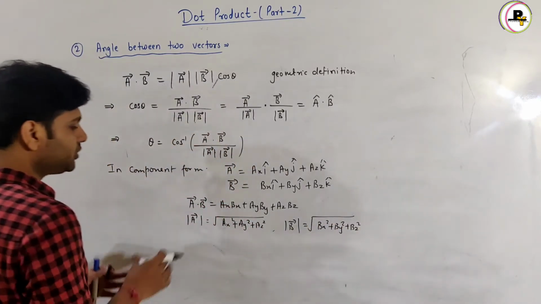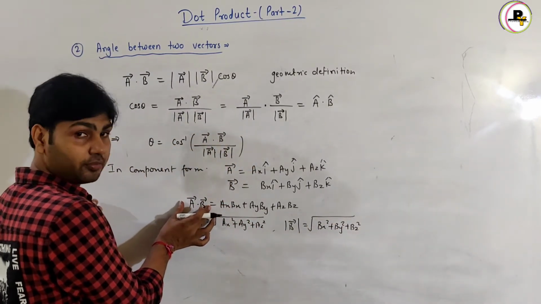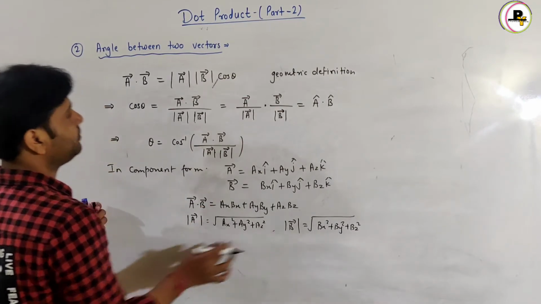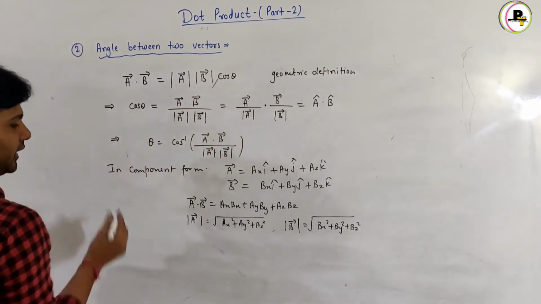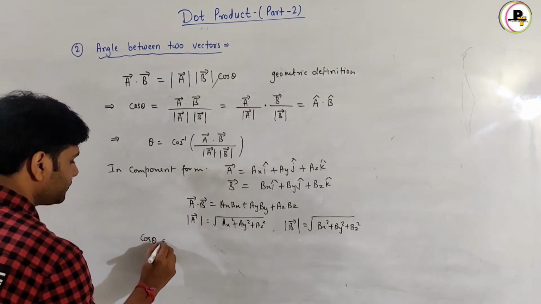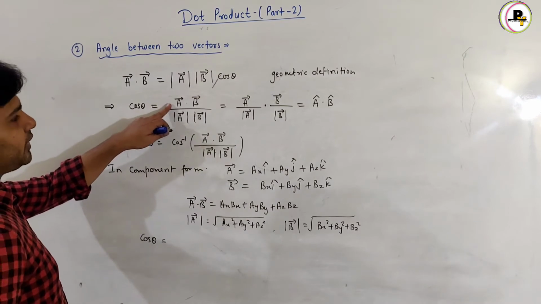So if I substitute the value of dot product of vector a and vector b, mod of vector a and mod of vector b in this expression, then I can write here cos theta equals to, what is the dot product of vector a and vector b?